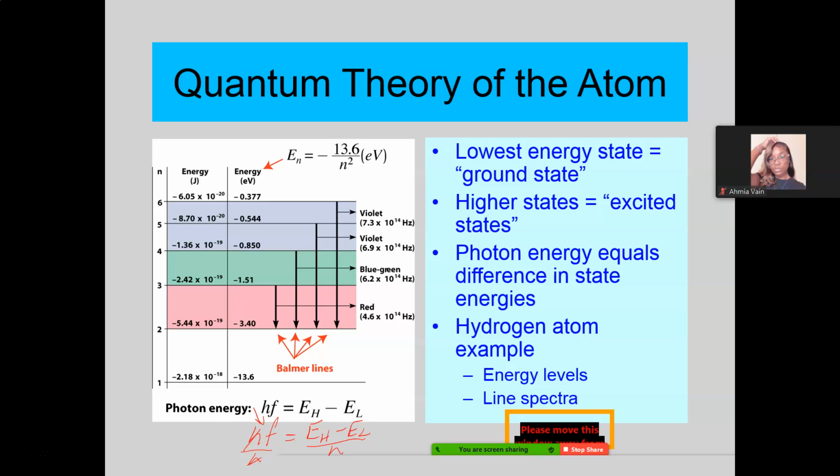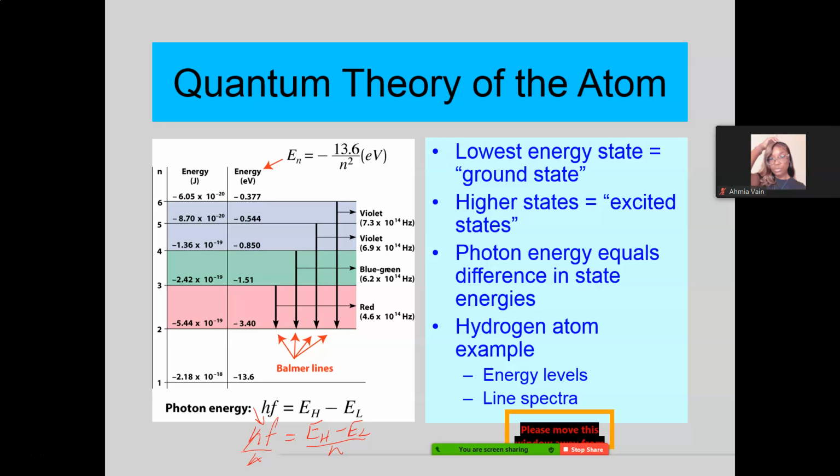So this is 4.08 times 10 to the minus 19 joules, dividing that by 6.63, EE 34. That's an incredibly small exponent.